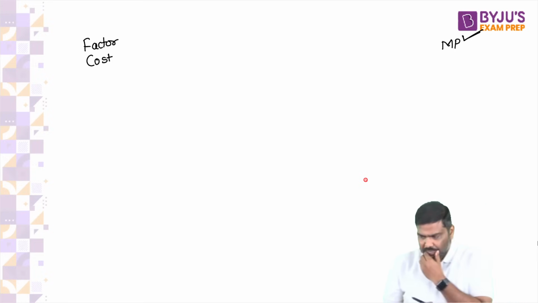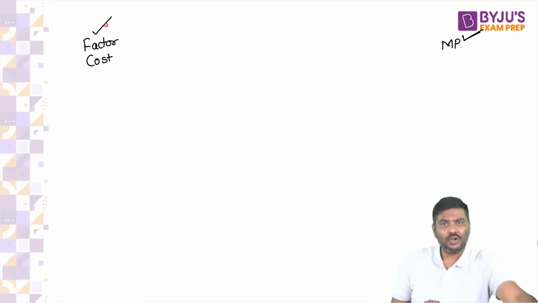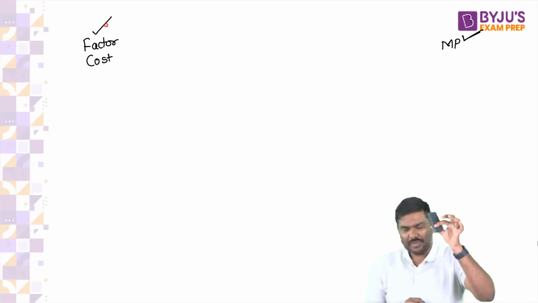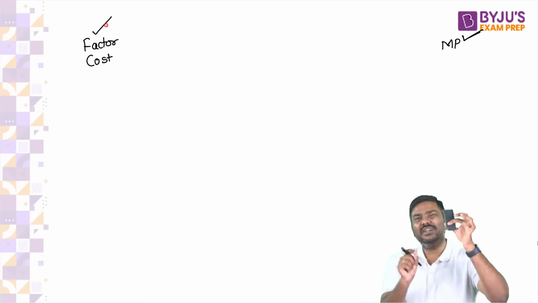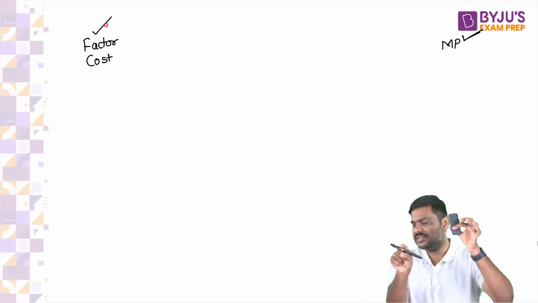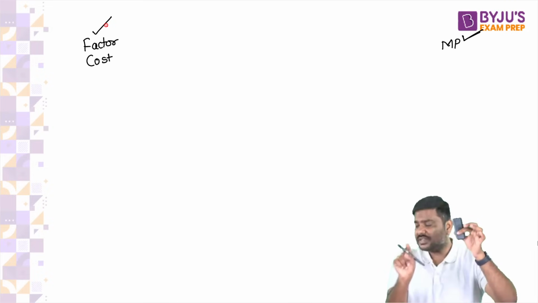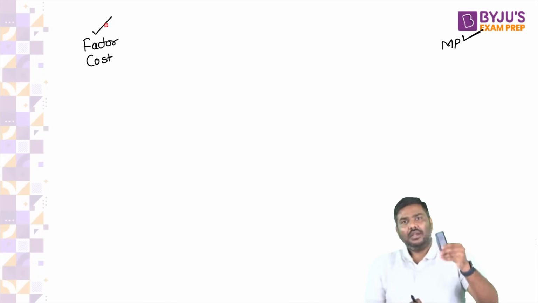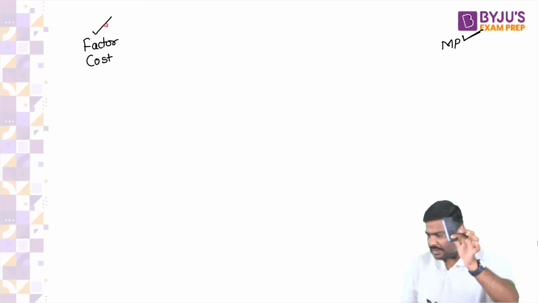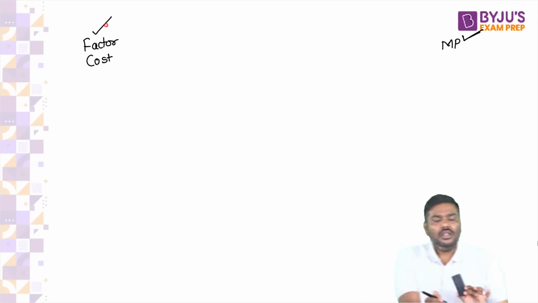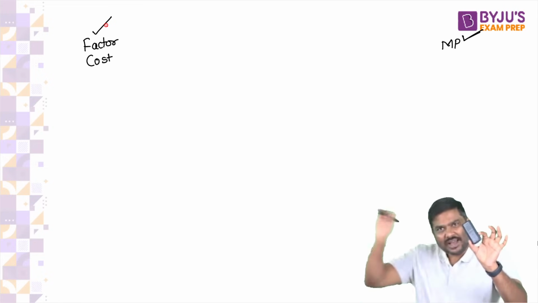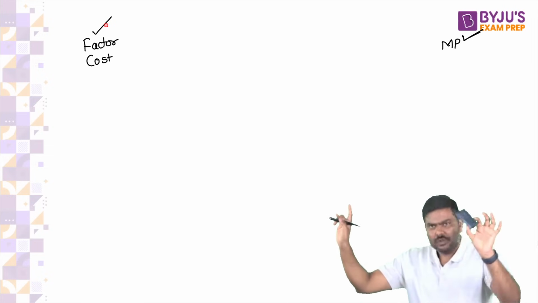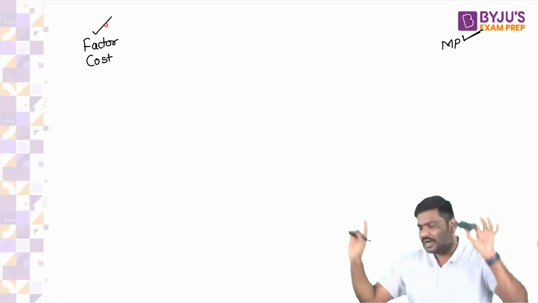Imagine you're a manufacturer of this remote control. Those who are typing what is basic price, listen first. You're not listening. I'm explaining that. Imagine you're manufacturing this remote control. You will have to arrive at a market price for this remote control.